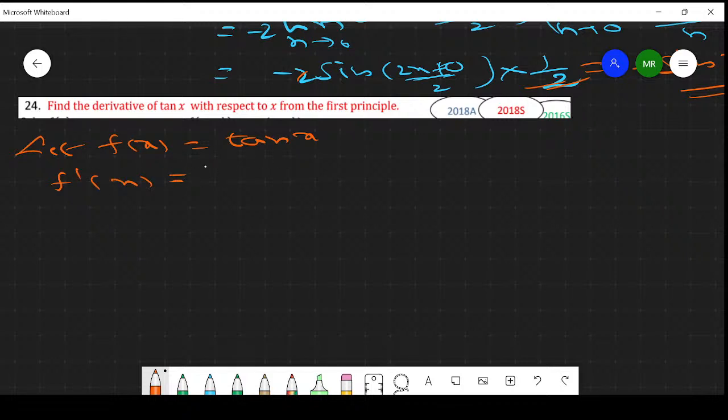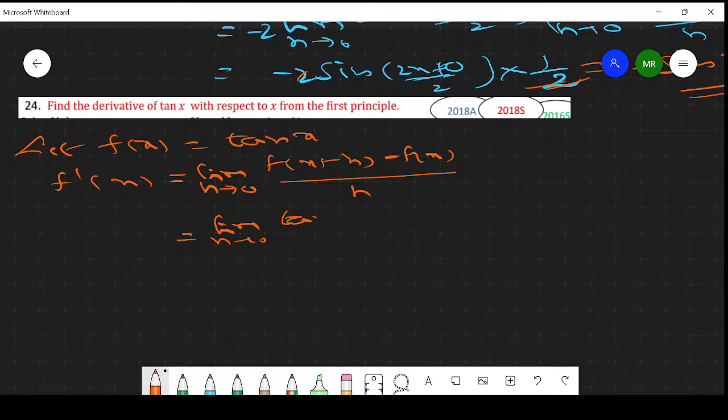Limit h tends to 0, f of x plus h minus f of x by h. Write the formula. Now I can write f of x is tan x, so f of x plus h is tan of x plus h.